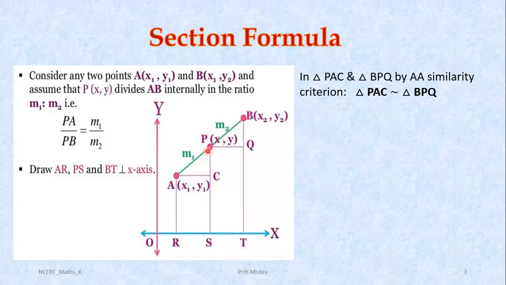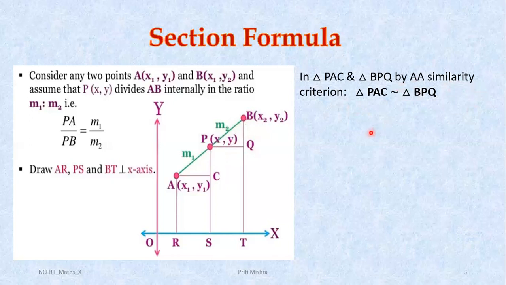And BP is the line which is intersecting these two parallel lines. So we can say angle B is equal to angle P because these two are corresponding angles. In this way, you got to know that these two pairs of angles are equal. So these two triangles are similar triangles by AA similarity.